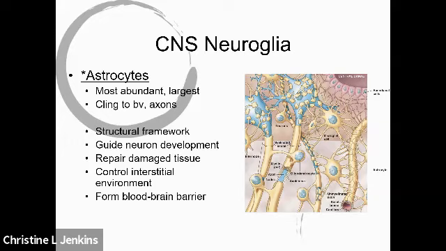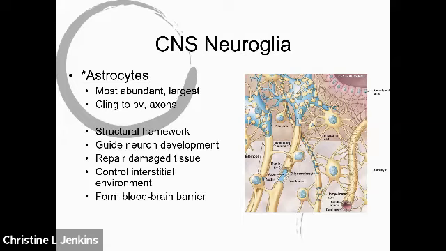And the other function I'm going to point out would be repair damaged tissue. Now we know that almost all central nervous tissue cannot be regenerated, right? Particularly the neurons. However, when we say here repair damaged tissue, the astrocytes can repair some of the other tissue.